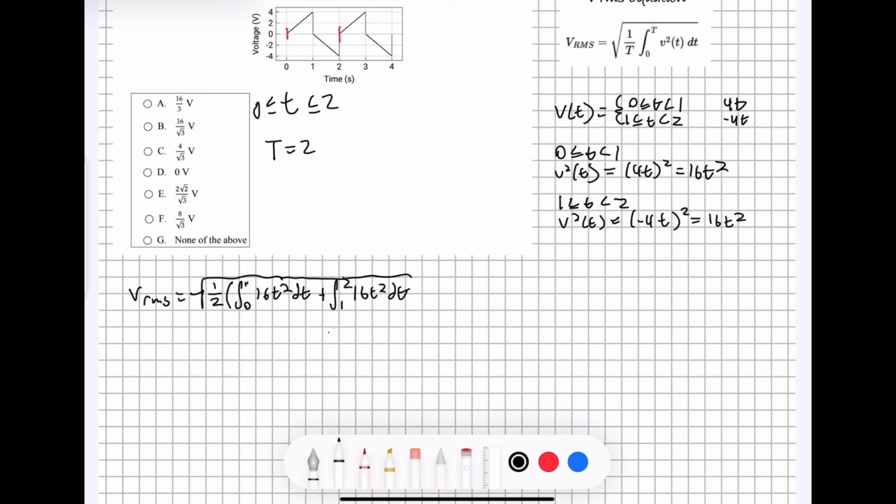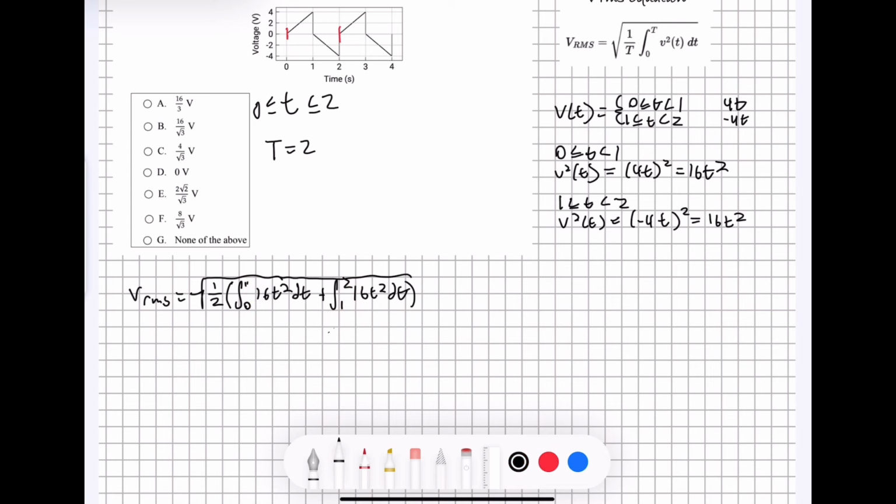Now, if we look at this portion of our integral and this portion of the integral, they both have 16t squared in the center, and they are both on a range with a length of 1, because from 0 to 1, that's 1, and from 1 to 2, that's also 1.